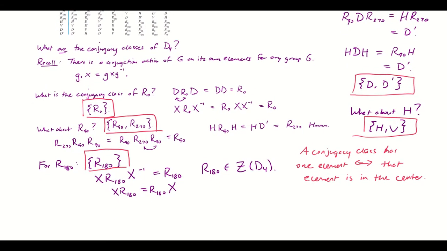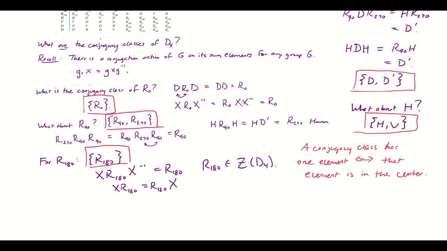Here's why we should expect conjugacy classes to be disjoint. Conjugacy classes are disjoint because they're orbits of a group action. They are orbits of the conjugation action. And there's another thing too.